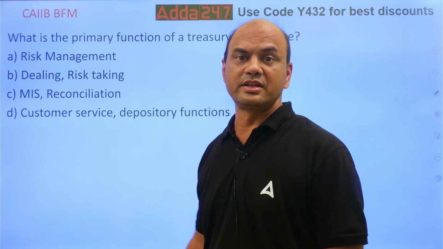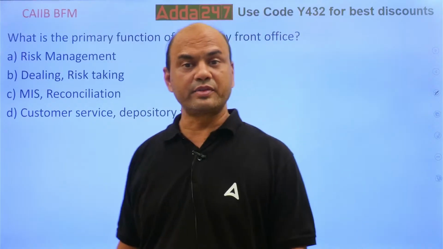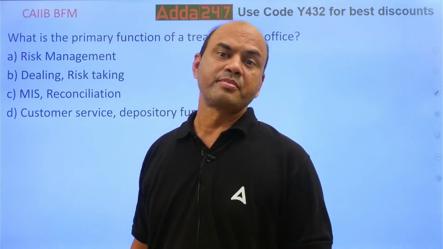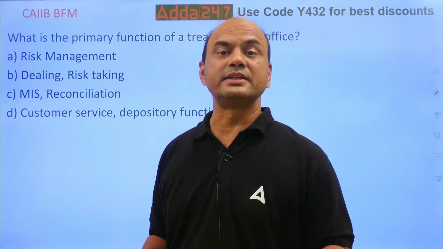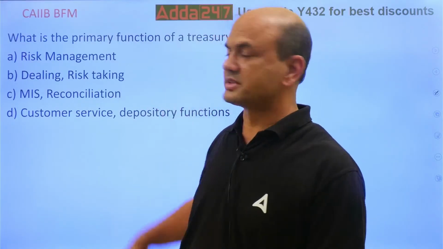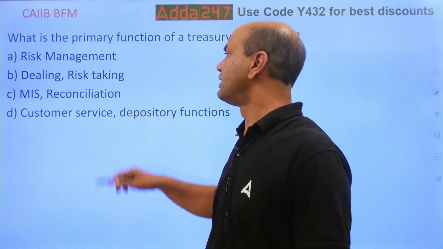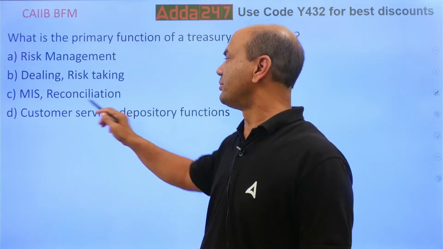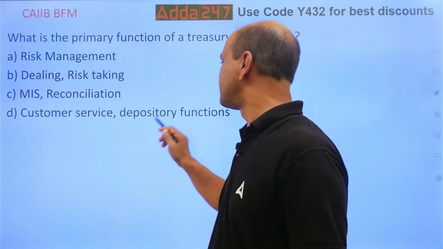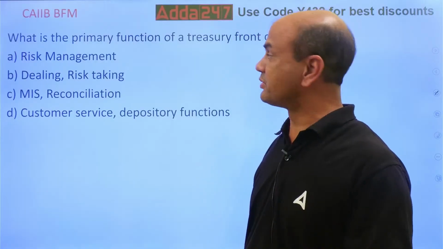They deal directly with the clients, make the deals, make the sales happen, bring the profit to the bank. So what is the primary function? Risk management, dealing, risk taking, MIS, recon, customer service, depository functions. So what is the main function of this?